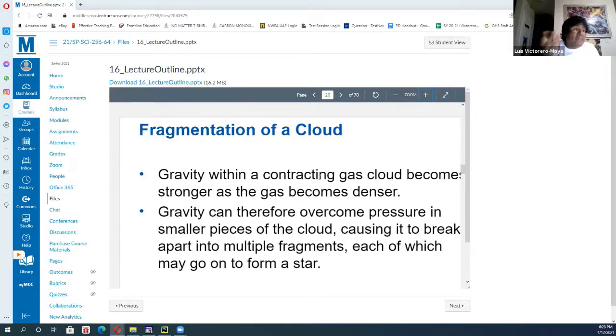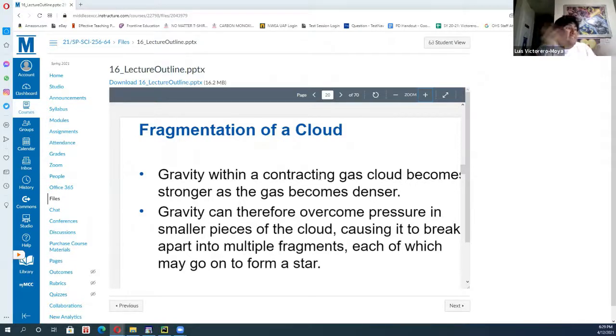And then the gas becomes denser, more massive. Because you have to think that a fragment will be a very tiny part of the whole volume of the cloud. So you have a large amount of mass of the gas in a very small volume. Density is mass over volume, so you have a more dense region. So then gravity can start overcoming the pressure.